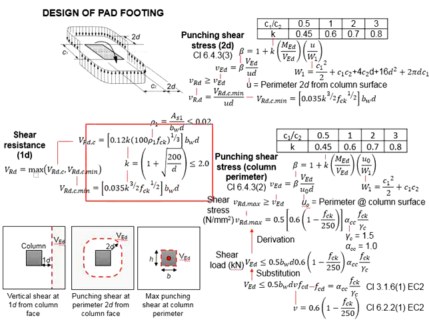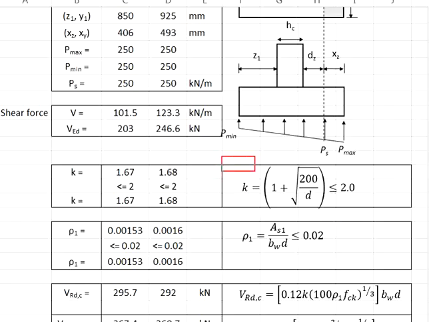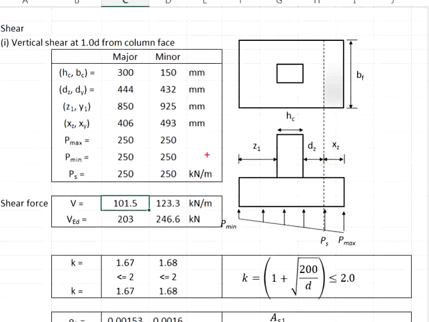In order to calculate that, we will need to first determine the factor K, which is a function of the effective depth and not to exceed 2.0. So we will calculate the factor K here. The effective depth for the major and the minor axis is here. Substitute into the equations.